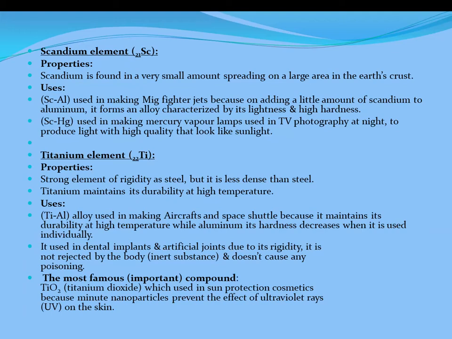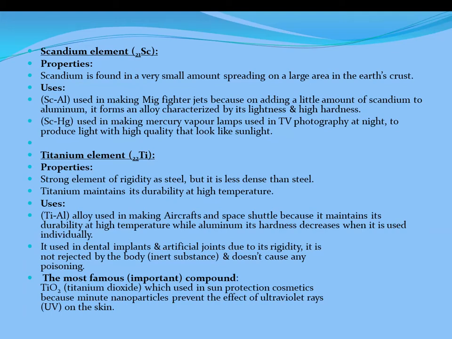Scandium and mercury, for example, are used in making mercury vapor lamps, used in TV photography at night to produce light with high quality that looks like sunlight. Titanium, for example, is a strong element with the rigidity of steel, but it is less dense than steel.